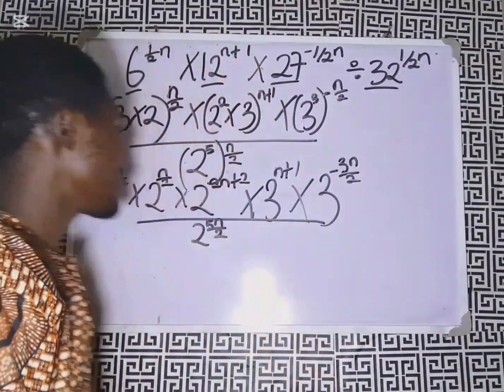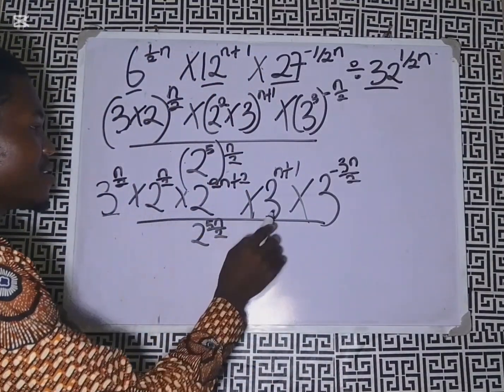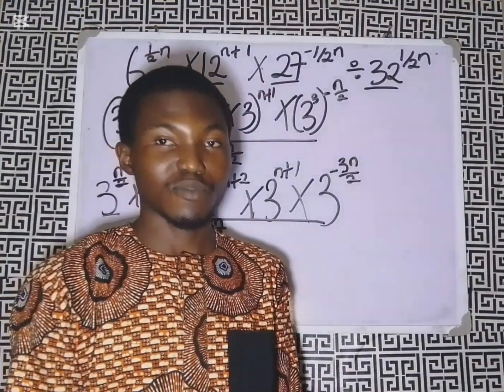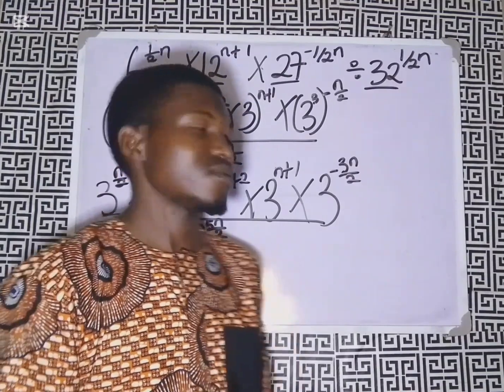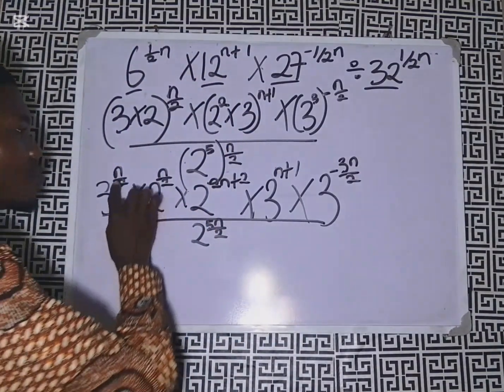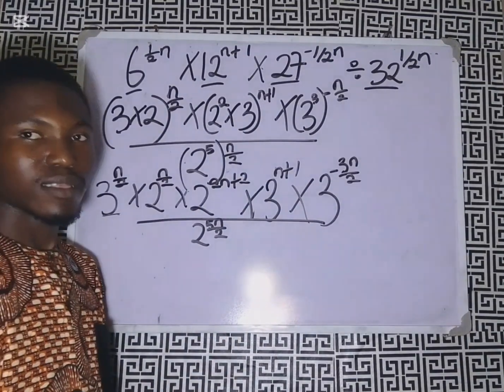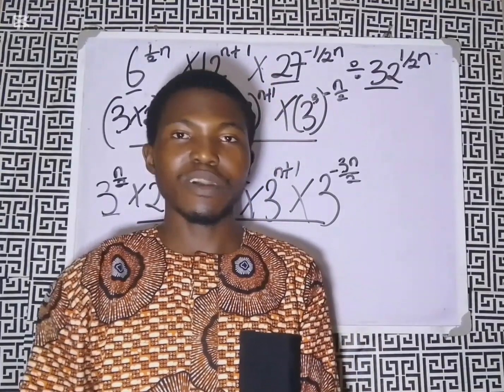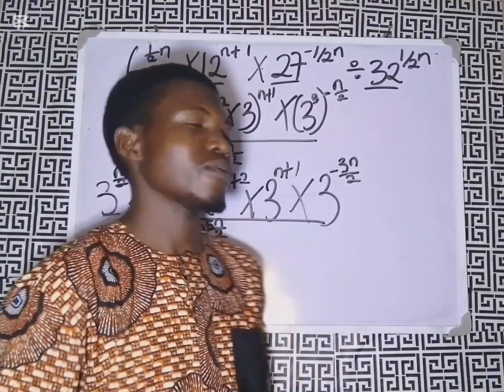Now if you look at them, we have base 3, base 3, base 3, and we have base 2. So now let's use the law of multiplication again. Work with base 3: we add all the powers together. That's the law of indices. When you see expressions multiplying each other with the same base, you add the powers together.